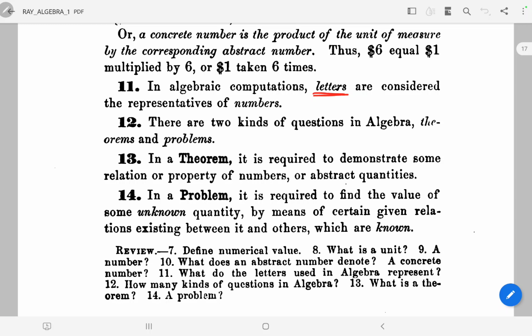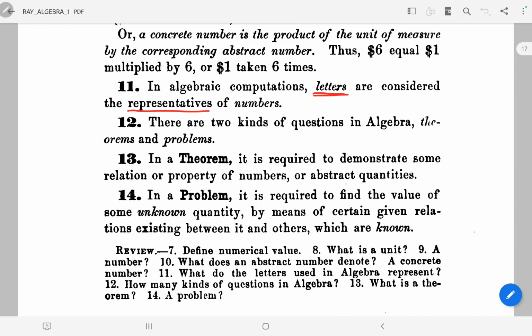In algebraic computations, letters are considered representatives of numbers. And I want you to keep that word representative in mind as we study the next few articles.